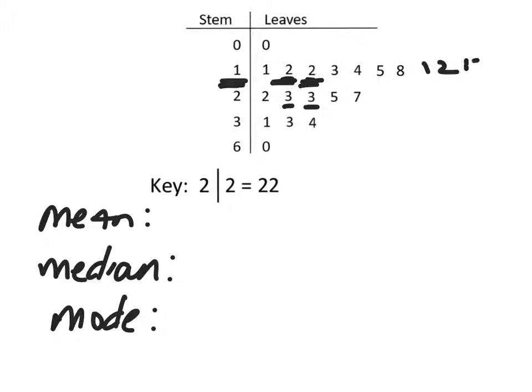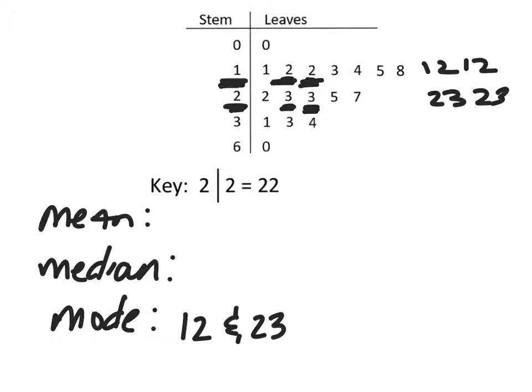The number 12 shows up twice. And the number 23, 2 tens, 3 ones, also shows up twice. It appears as though every other value in our set only shows up once. So the mode is 12 and 23.